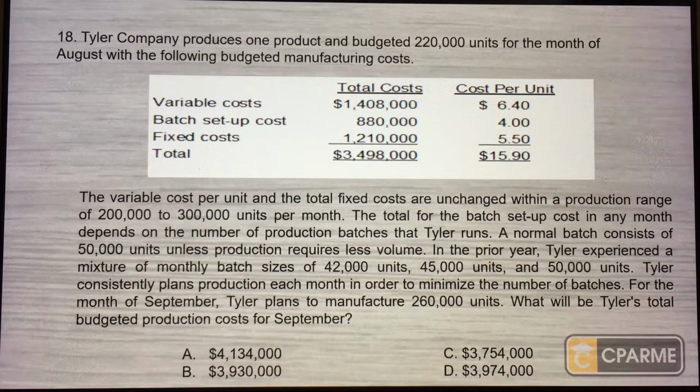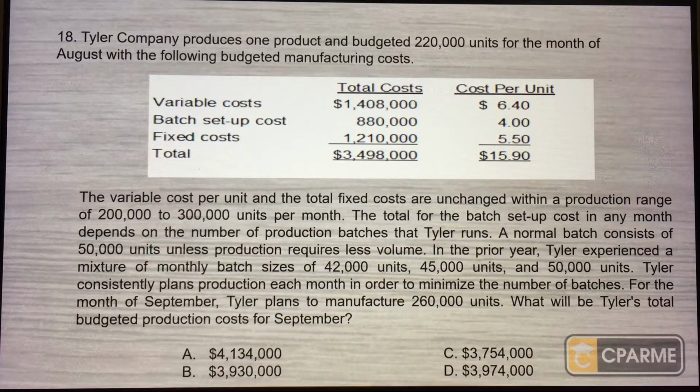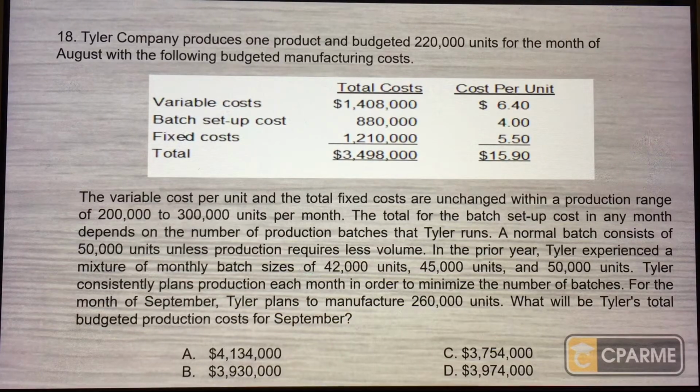How many batches of 50,000? It should be 6, because 50 times 5 is 250, and there is still 10,000 left over. You cannot produce 10,000 units only, so it should be included in the 6th batch, to make it 300. So the batch setup cost would be 880,000 divided by 5 times 6 batches.